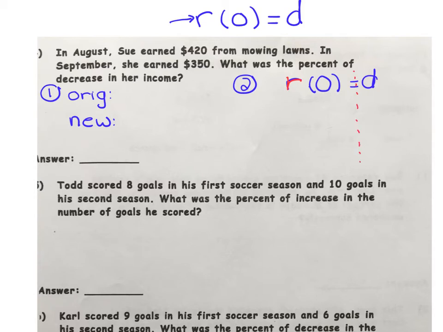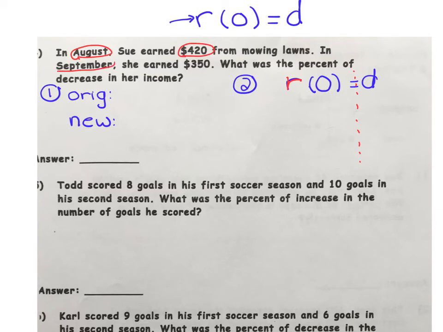So, take a moment. Let's read the first question together, but then you're going to be on your own. Keep the worksheet posted on your screen and complete the problems in your spiral notebook. Here we go. In August, Sue earned $420.